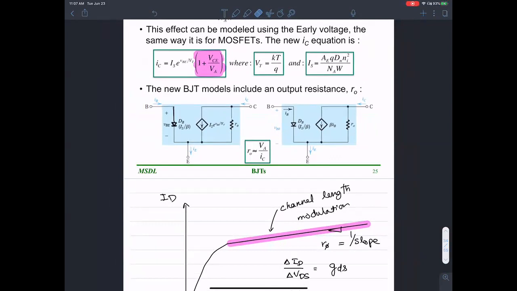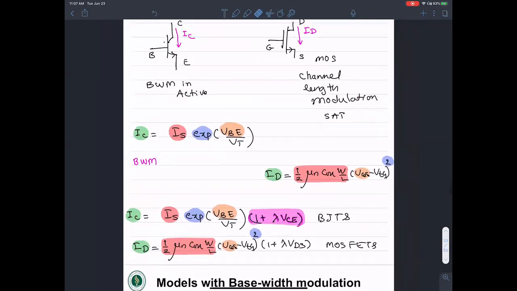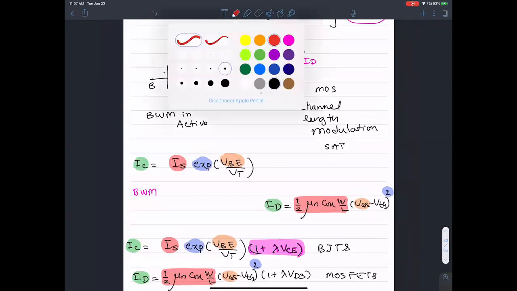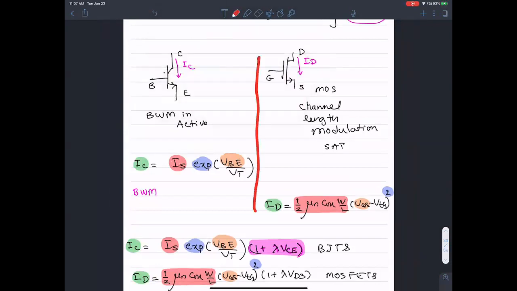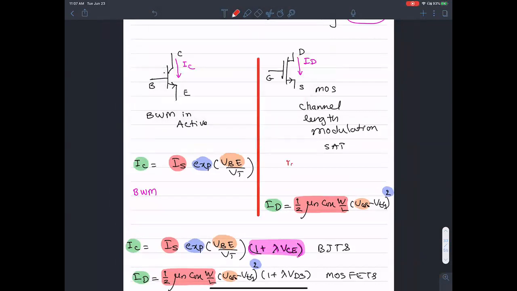What was the value for lambda in BJTs? You remember, I must have mentioned R naught in terms of lambda and ID.